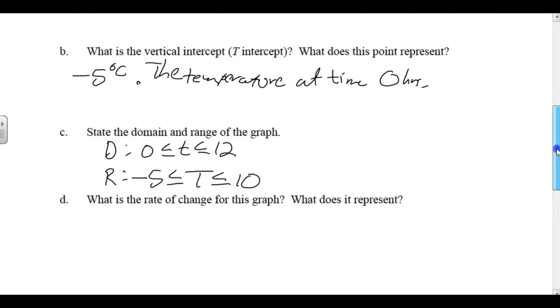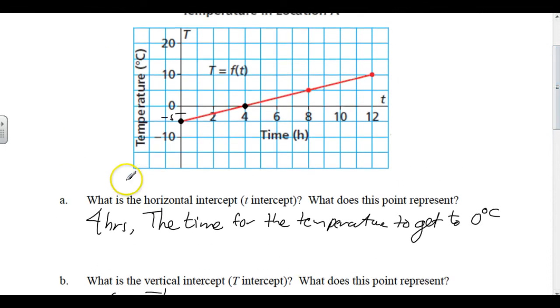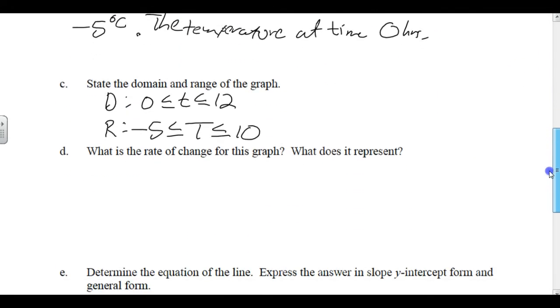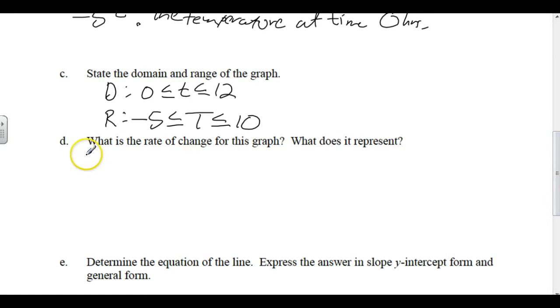What is the rate of change? So at what rate is the temperature changing? Well, we can see that we went plus 5 degrees in 4 hours. So plus 5 degrees C in 4 hours, which we will list just simply as 5/4 for the slope. Okay, we don't want to change that to a unit rate.